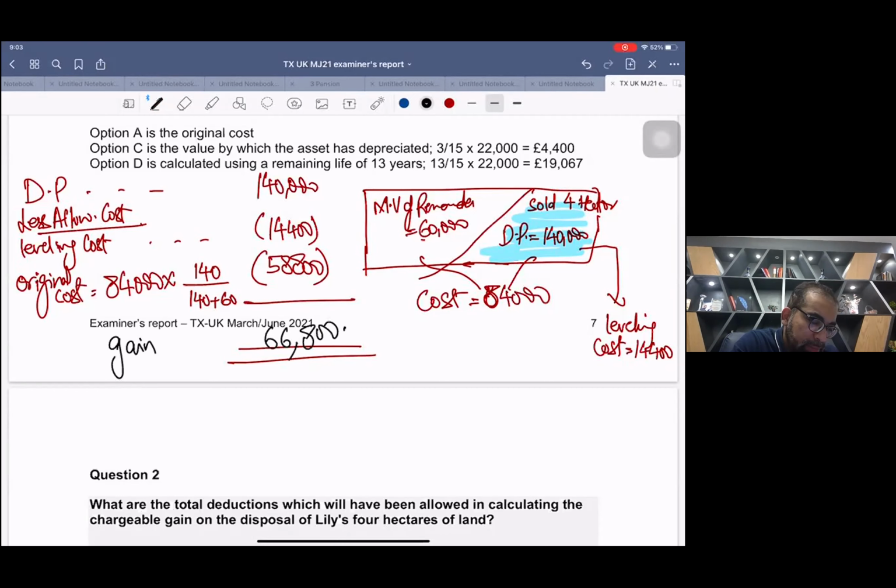An examiner may ask this question: what is the total allowable cost? These two are your total allowable cost. So 58,800 plus 14,400 is 73,200. 73,200 is your total allowable cost.